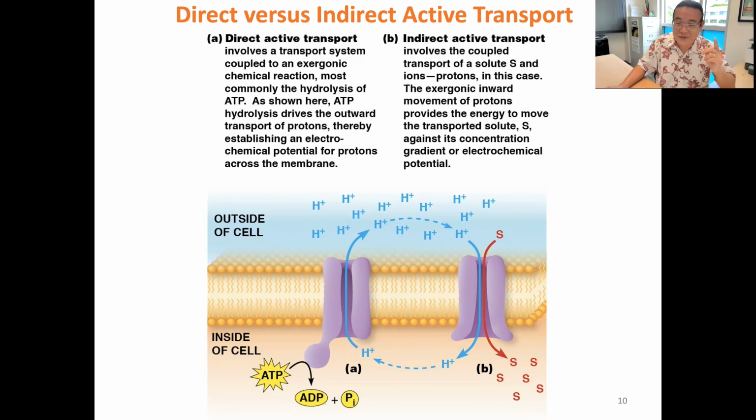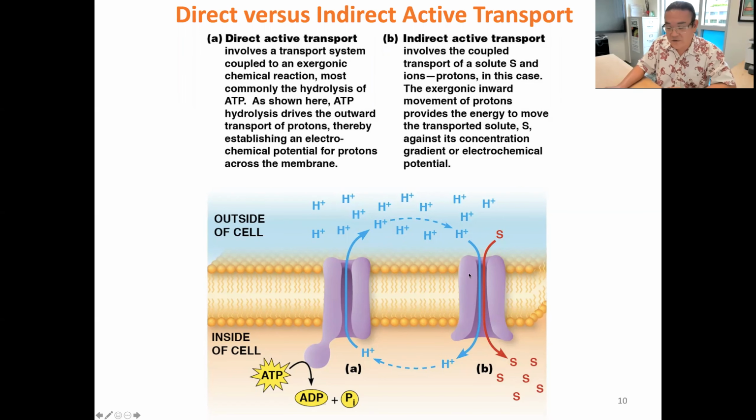The part that gets a little tricky is you have other proteins in the membrane that can take advantage of that artificially created proton gradient. Because the protons on the outside of the cell would love to flow back downhill into the cell in order to kind of balance out the proton concentration. So that's a very strong potential force that you can tap into.